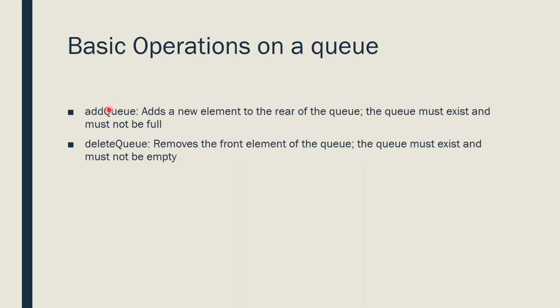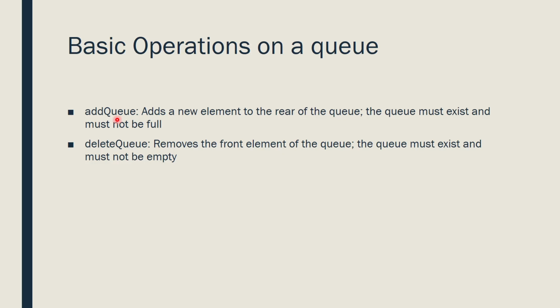The add queue and delete queue are the operations to populate or add a new element to the queue and remove an element from the queue. Add queue is adding a new element to the rear of the queue. Rear meaning at the end of the list.